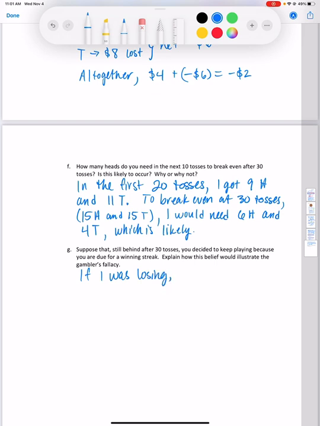If I was losing, which I am, I still cannot expect to get several heads in a row to have a winning streak.